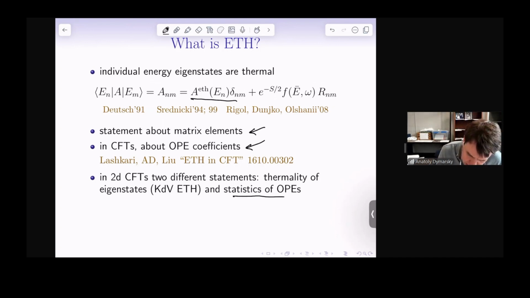One could be about statistics of operator product expansion coefficients, and another will be about the thermality of eigenstates. So these are two slightly different statements. The statement about statistics of OPEs is a very popular topic because it gives an opportunity to connect CFTs with holography. But I will be discussing a more purist topic about thermality of individual energy eigenstates.